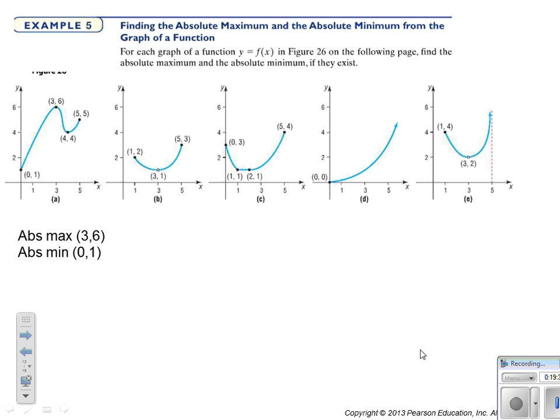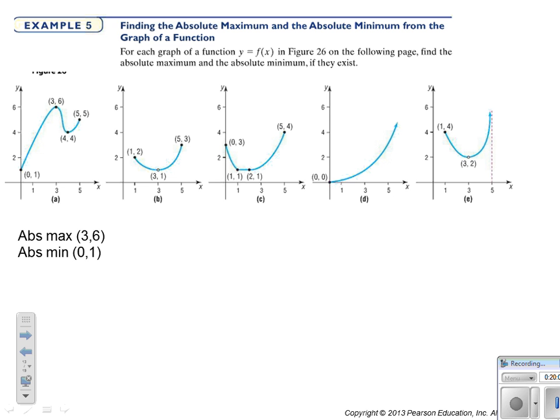So 3, 6 is the largest f of x value on our graph, and our absolute min is at 0, 1, which is this bottom point here. So even though it's got a little valley here on the right-hand side, that little valley is not the absolute minimum. It's actually the smallest coordinate in our function.